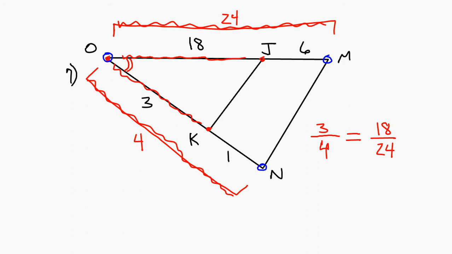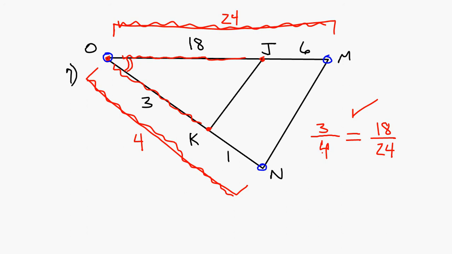Does 3/4 equal 18 over 24? You can crisscross multiply if you want, but 3 times 6 is 18, and 4 times 6 is 24. Okay? So these are proportional.